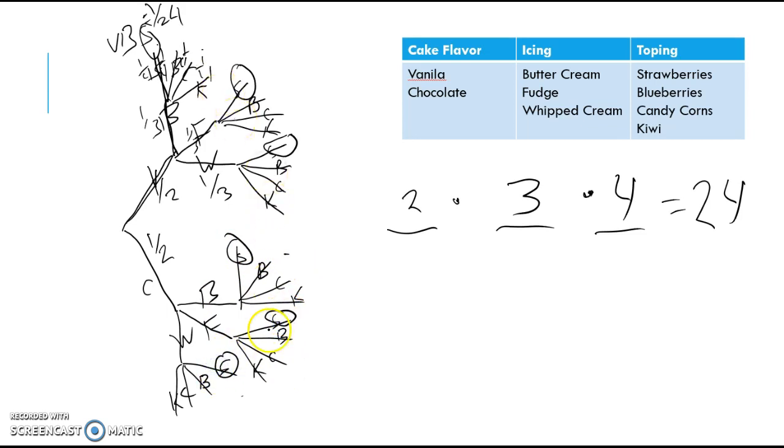So we've got 6/24ths as our possibility there. And that reduces to 1/4. And so we look at our situation and see where that comes out in the picture. Well, if we are just looking for the probability that the cake has strawberries on it and we don't really care what the cake flavor or icing is, there is a 1 in 4 chance of the topping being strawberries, and so that connects right there.